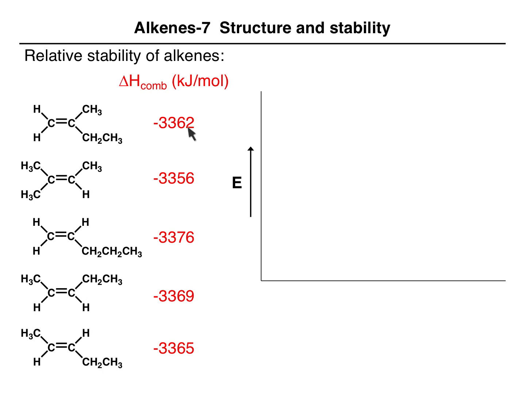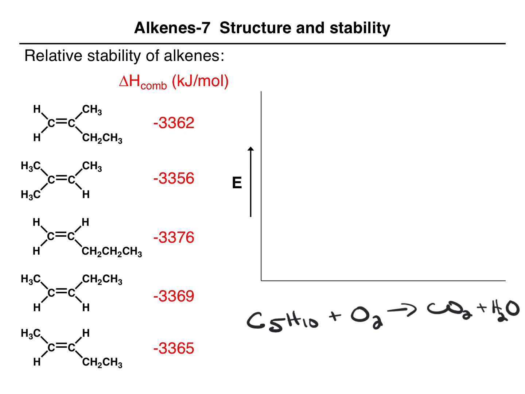Looking at the heat of combustion in kilojoules per mole, if we think about the combustion, because all of these are C5H10, they will combine with oxygen to form CO2 plus water.